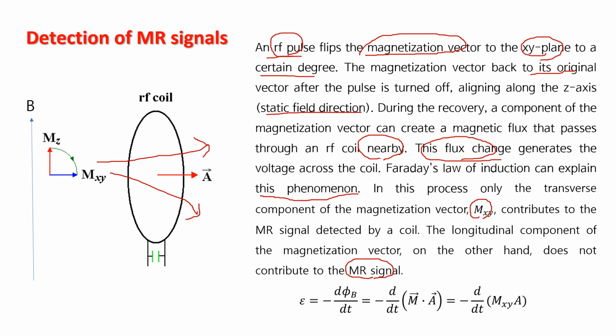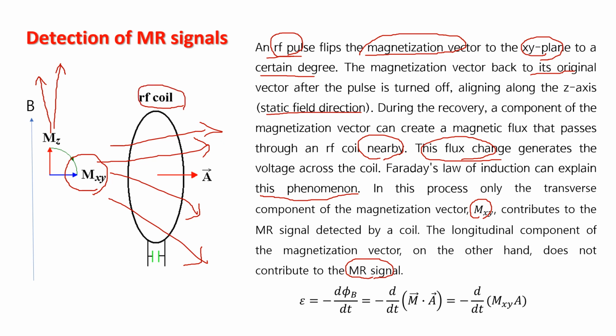If you see this figure, the longitudinal component does not pass through the coil. Only the transverse component can pass through the RF coil and make a flux. So this flux change can be detected as voltage by the RF coil.